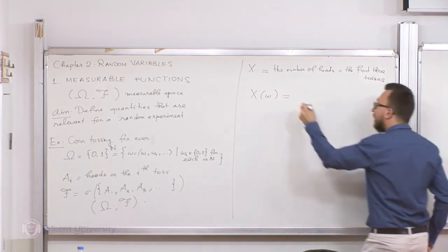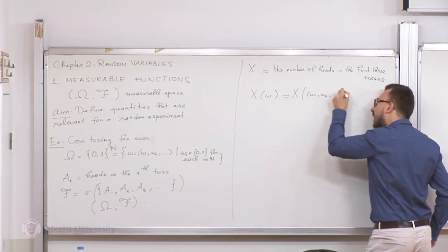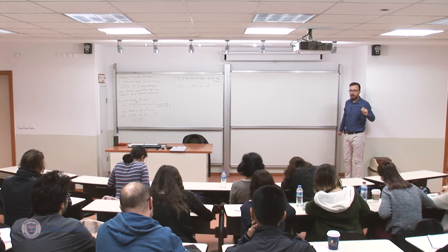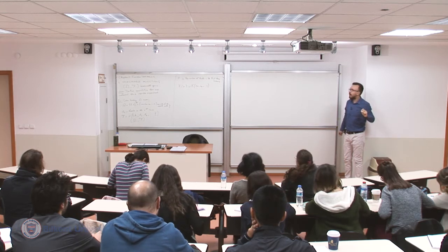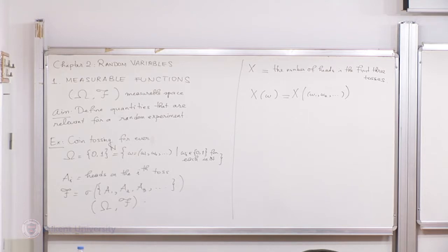So this is X of this (omega 1, omega 2, etc.). And how do I define this in terms of the sequence? Can you define it as a function? How can you count the number of heads in the first 3 tosses? So what are those values? Omega 1, omega 2? Just zeros and ones, right? 0 for tails, 1 for heads.